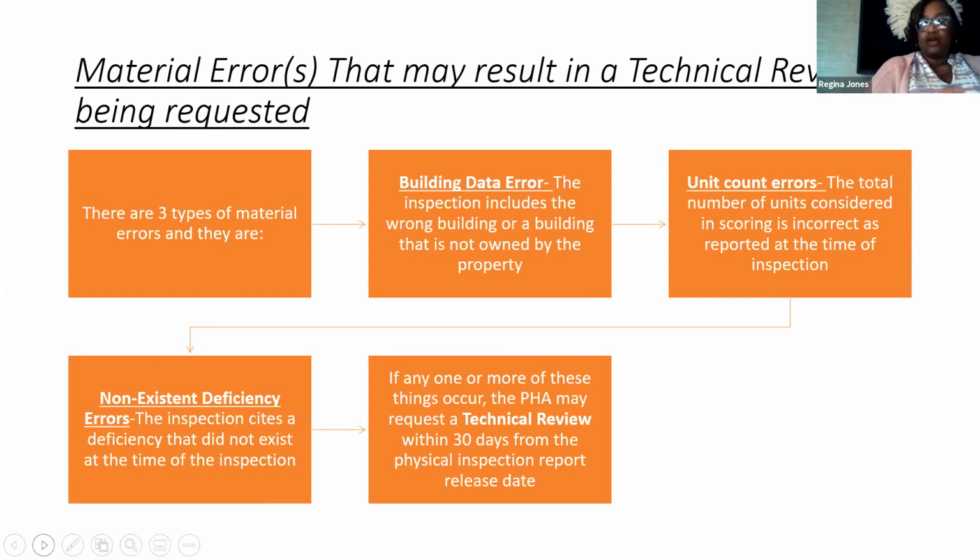Or you may have what they call a non-existent deficiency error, and the inspection cites a deficiency that did not actually exist at the time of the inspection. And if any of these things take place, you can request a technical review within 30 days from the date of the physical inspection report release date.